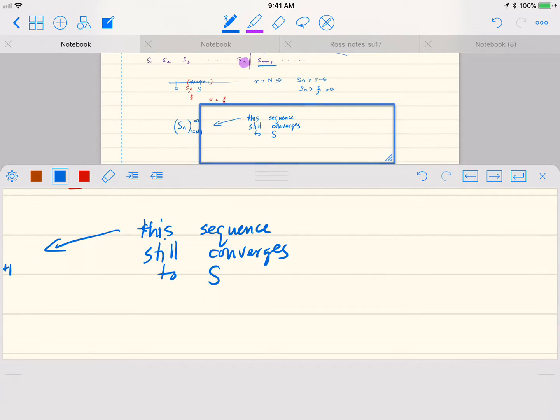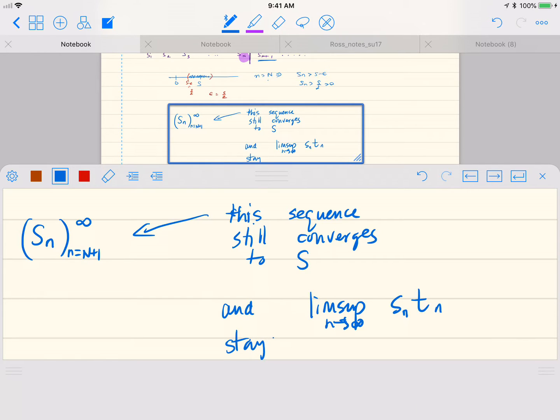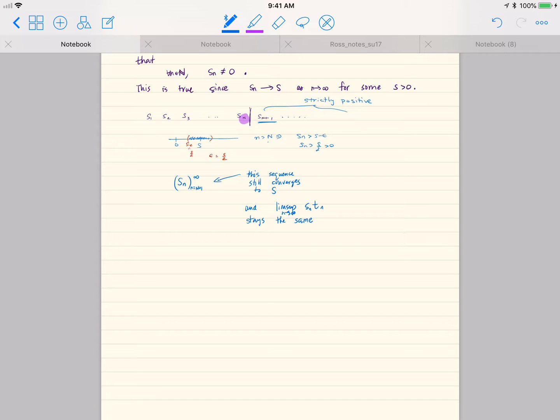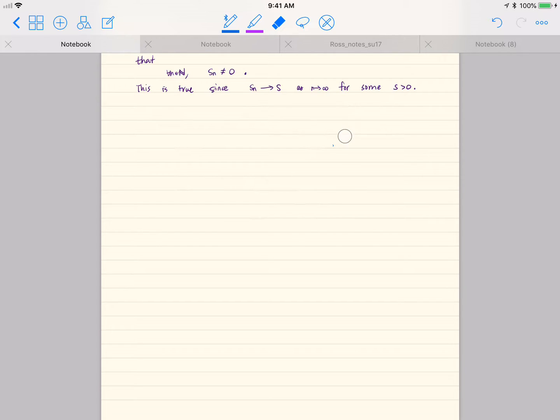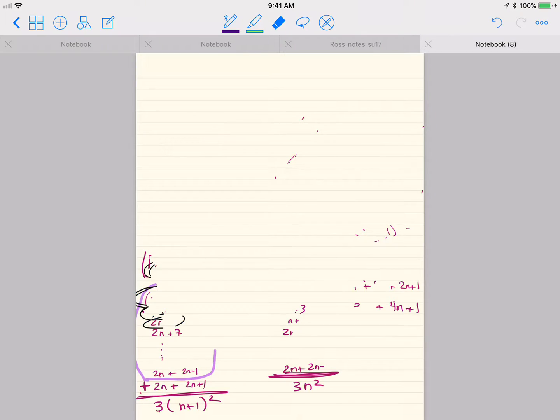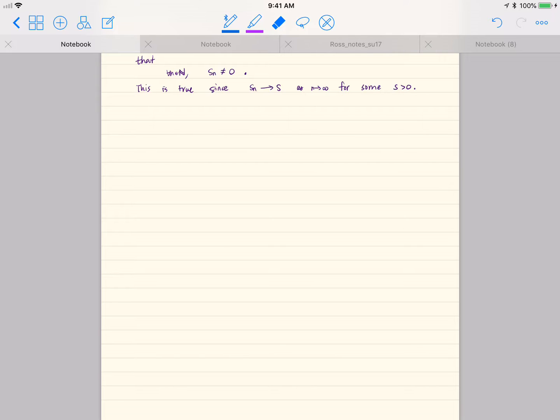And the limsup of this new sequence is going to be the same, because the convergence of a sequence is not determined by any finite number of terms. So that's an explanation as to why we can assume that our terms are strictly positive, since our limit is strictly positive.